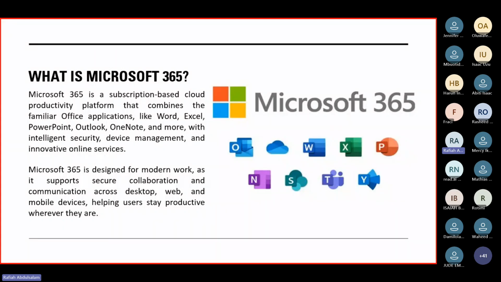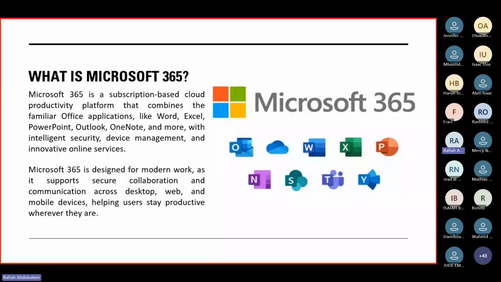M365 is basically designed for modern work, as it supports secure collaboration and communication across desktop, web, and mobile devices, helping users stay productive wherever they are. That means with your Microsoft 365 subscription, you get to work from anywhere and from any device.